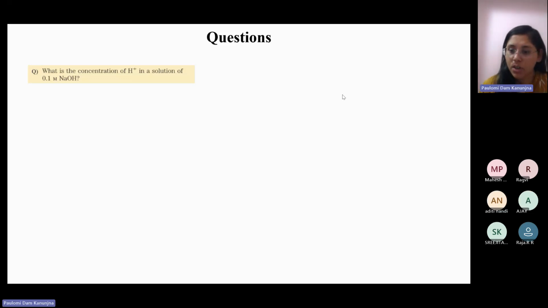I'll wait in the chat box. Think of which formula you can use here when I'm saying H plus and 0.1 molar NaOH. Basically, you have molarity and you have H plus.